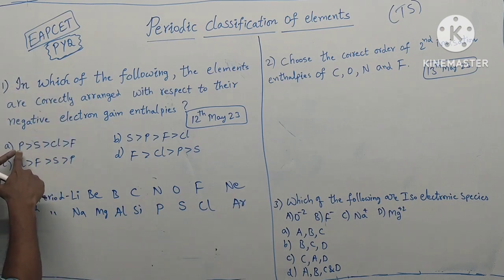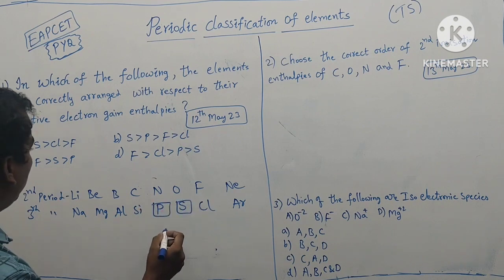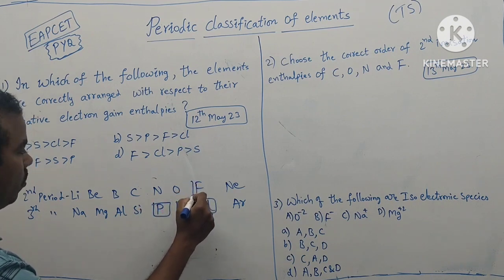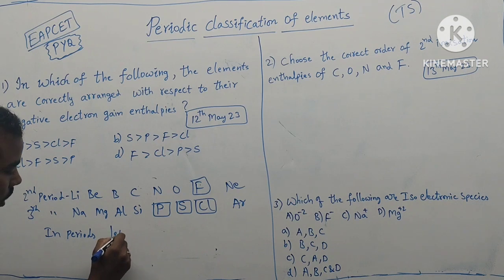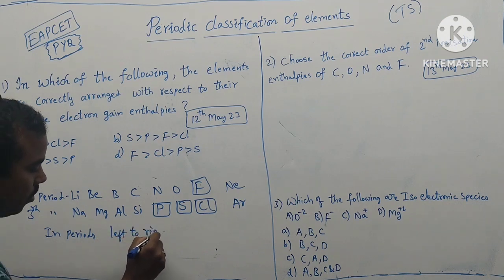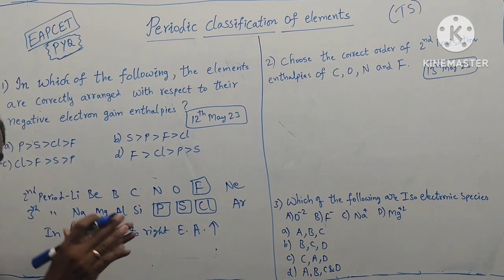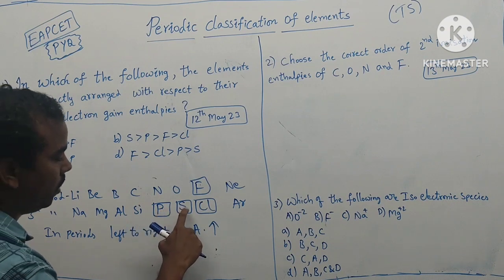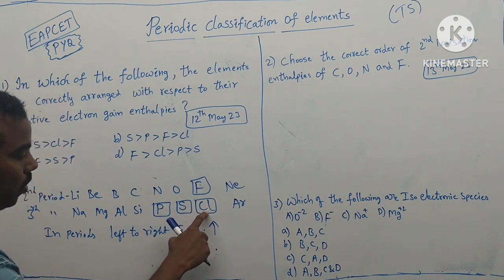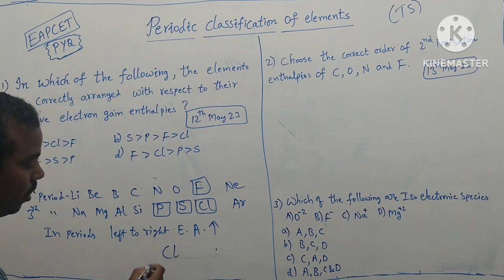So the given elements are phosphorus, sulfur, chlorine, fluorine. Note the point: in periods, left to right electron affinity increases because atomic size decreases. So compared to phosphorus and sulfur, chlorine's size is small, so chlorine has more electron affinity.